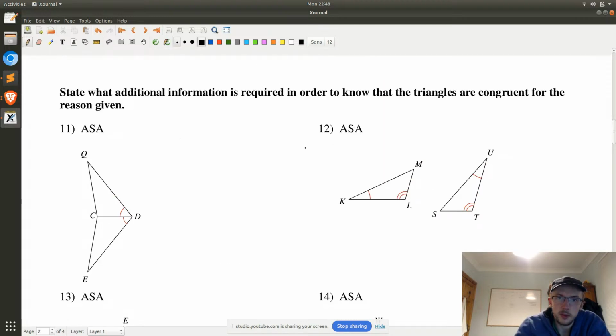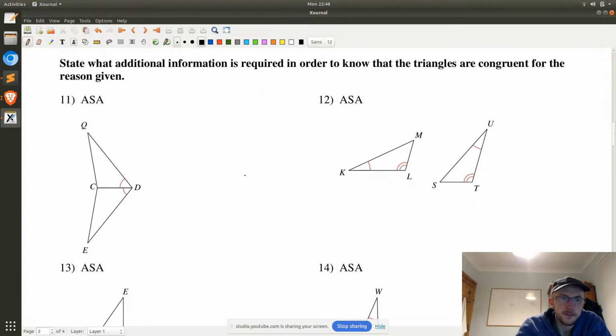State what additional information is required in order to know that the triangles are congruent for the reason given. Okay, if it's angle-side-angle, then I would have to know that angle DCQ is congruent to angle EDC.